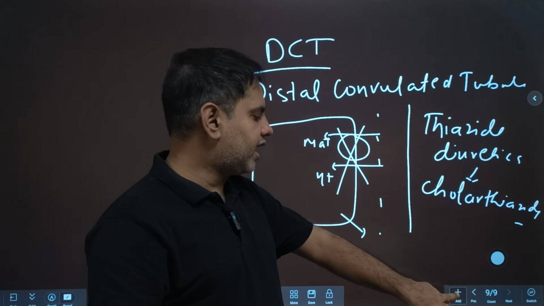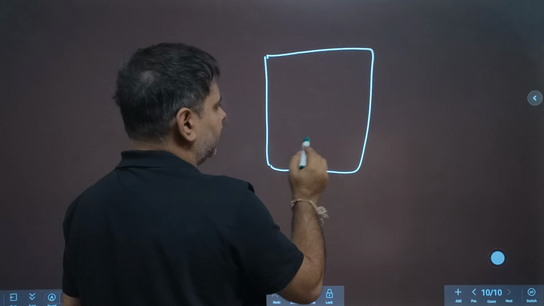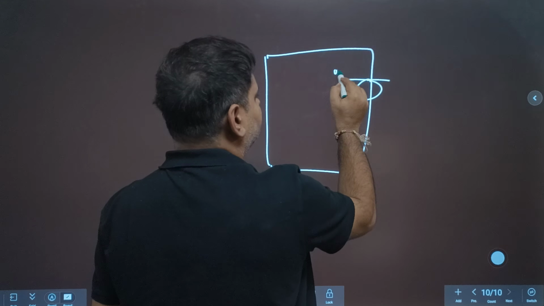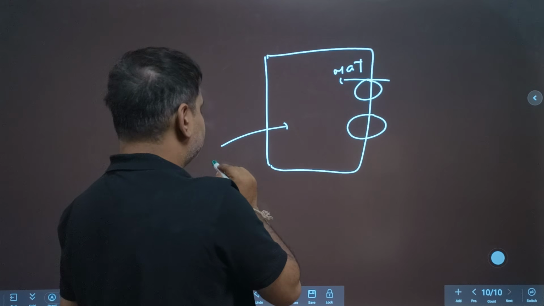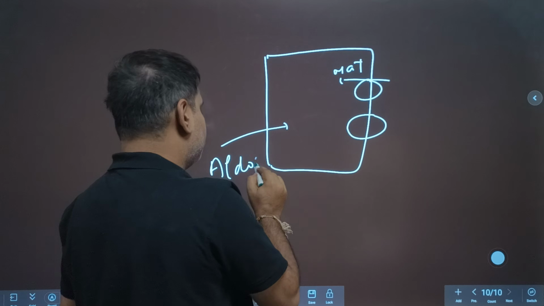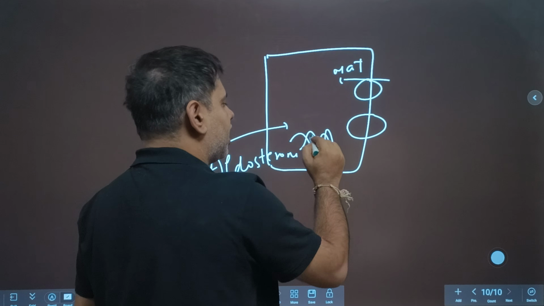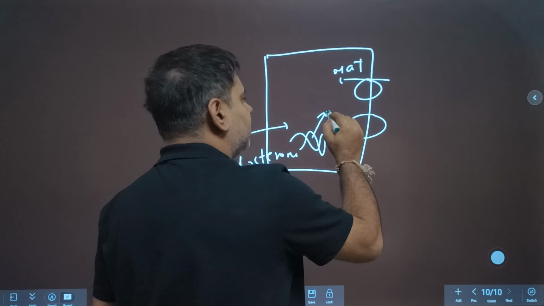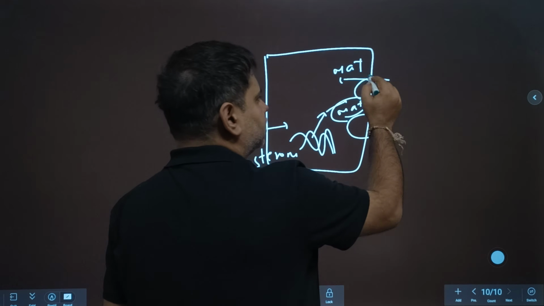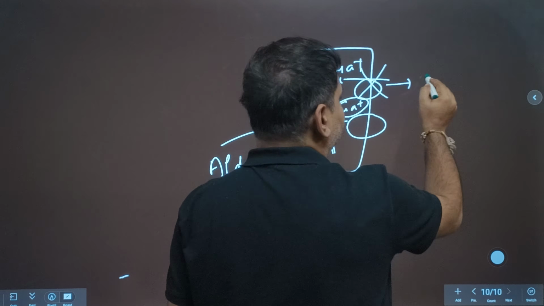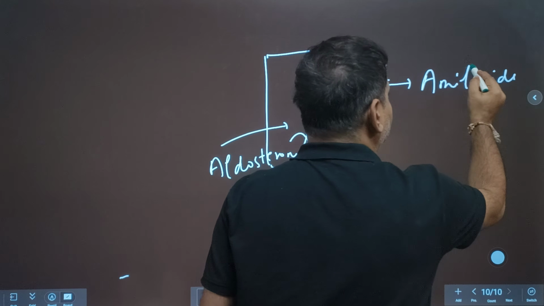The next part is your collecting duct. In the collecting duct, again there is a channel for sodium ions. Aldosterone also acts on this. Aldosterone is the hormone released by the adrenal cortex, and it acts on the nucleus and drives expression of proteins, including the sodium channel. The drugs which directly block the sodium channel are amiloride.